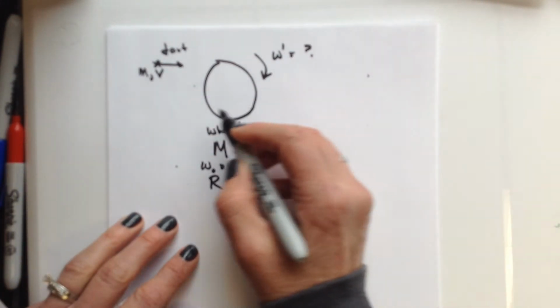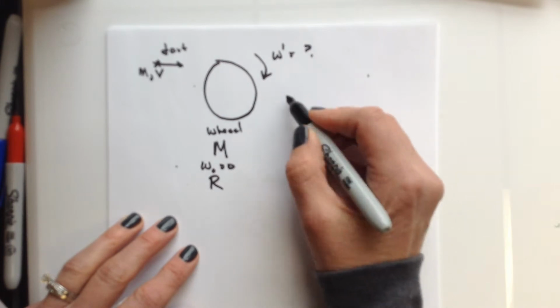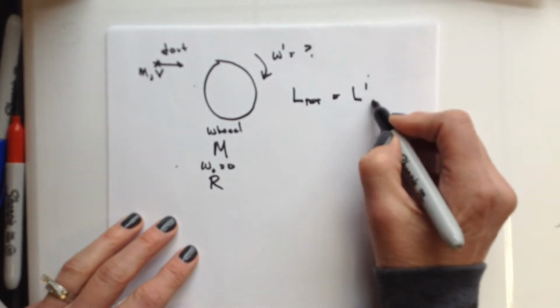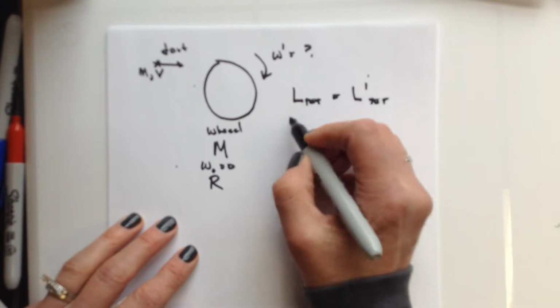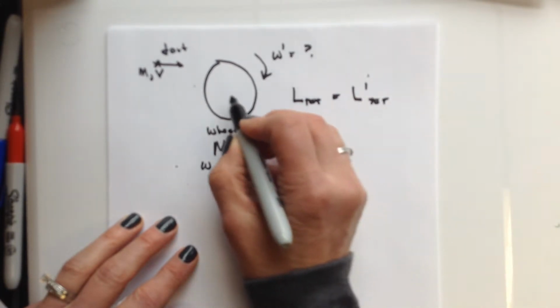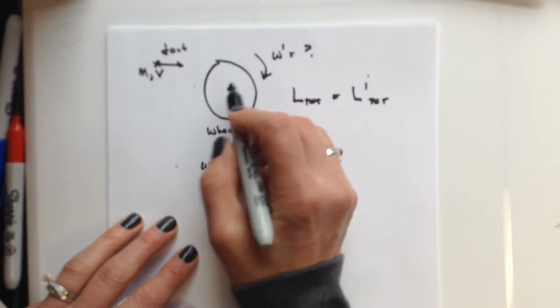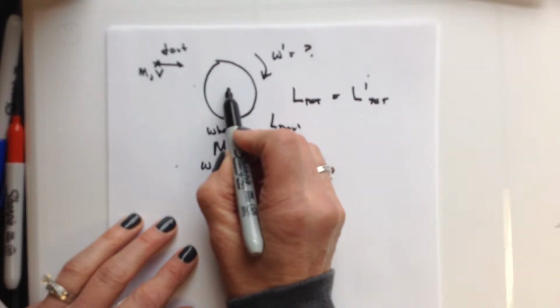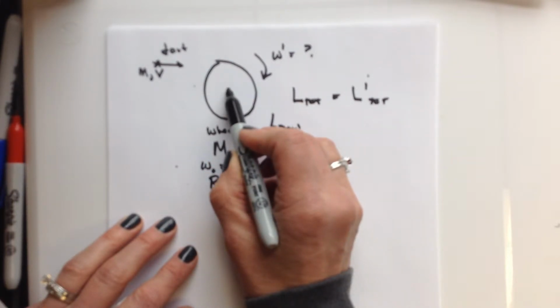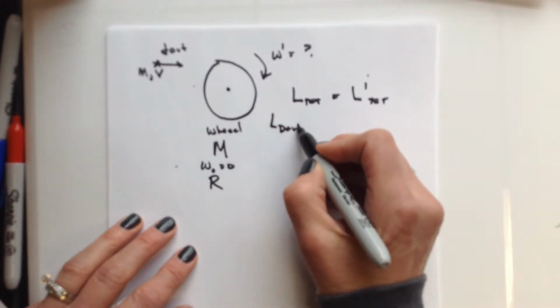Well, how do we go about solving this with our given variables? We know that our total angular momentum before has to equal the total angular momentum afterwards. This is going to be the angular momentum of the dart, again, relative to this observation point or this pivot point. So once the dart hits the wheel, it's going to rotate about that axis, so we need to make it relative to that.